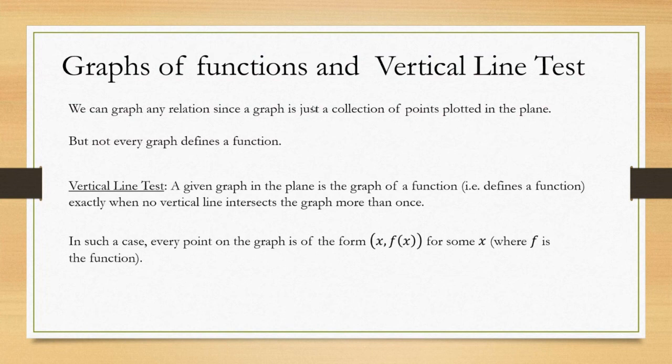Either it won't intersect it or it'll intersect it only once. What's nice is if it does pass the vertical line test, we can think of every point in the graph as being of this form.